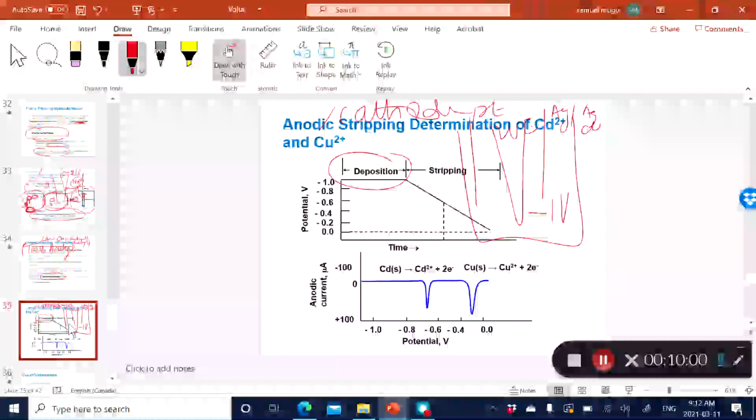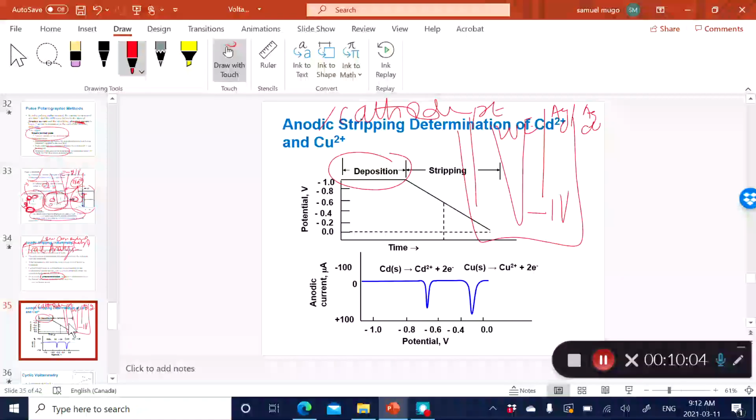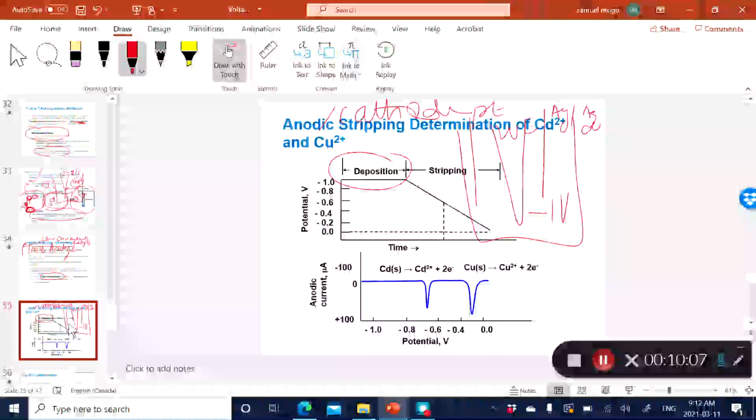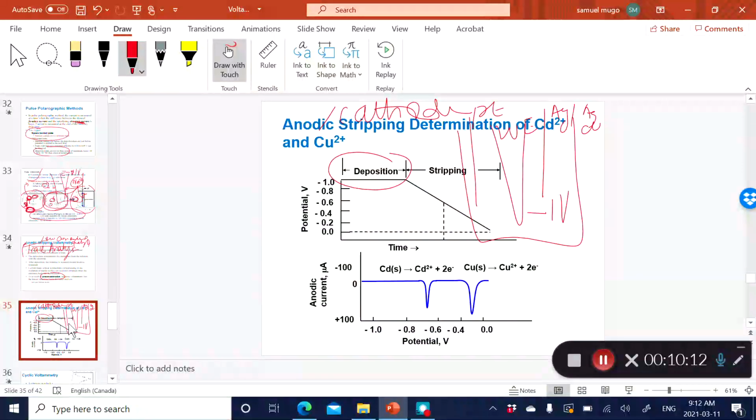If you look at the reduction potential of cadmium, and you can check, it's around -0.5 V, thereabout. Meaning, if I apply a potential of -1 V, all the cadmium gets reduced.